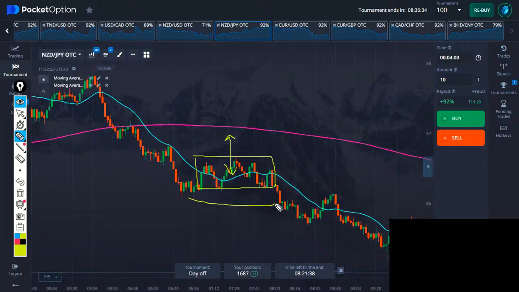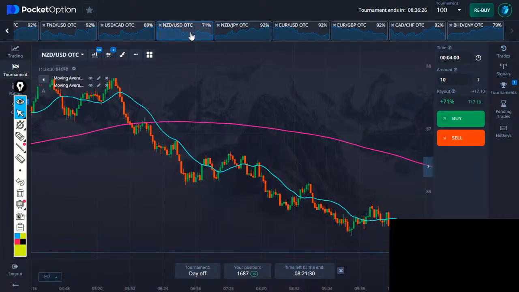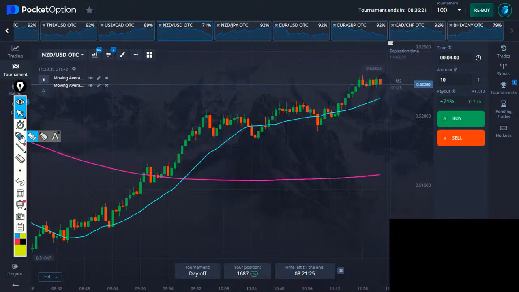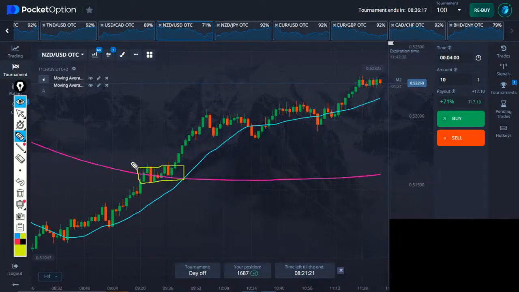Power surging bar, boom over here, 4 to 6 minutes trade, you have a win. Look at this also. Narrow state, powerful bar, boom, over here, beautiful. Forex trader, that's your cash machine.